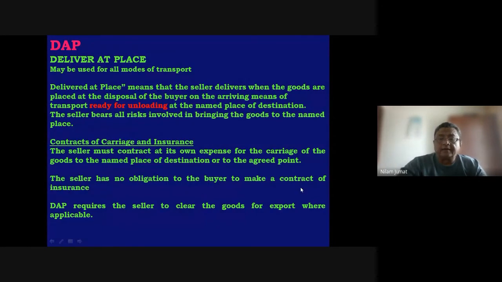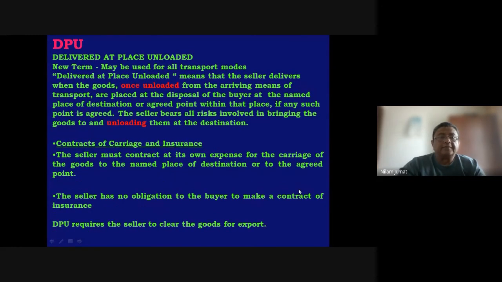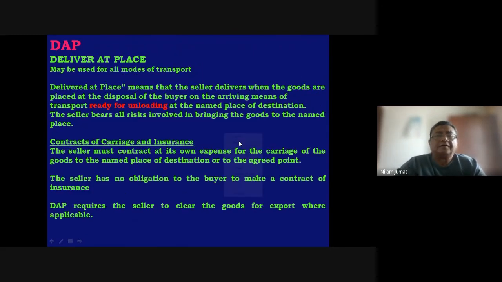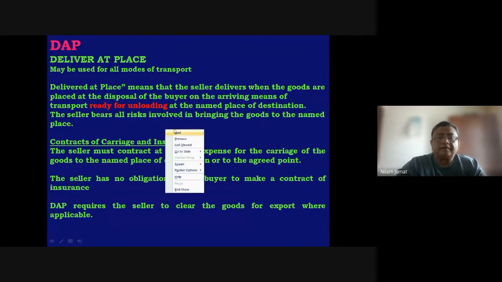Okay, that's done. Then comes DPU. DPU is a small difference, same thing as I told you, but in the previous one, it is ready for unloading, not yet unloaded. So the risk of unloading is on the importer.